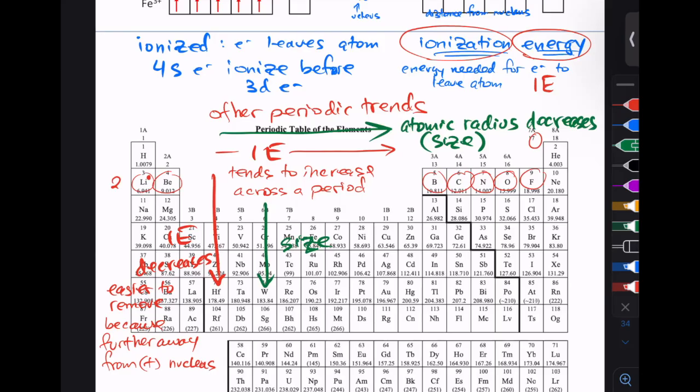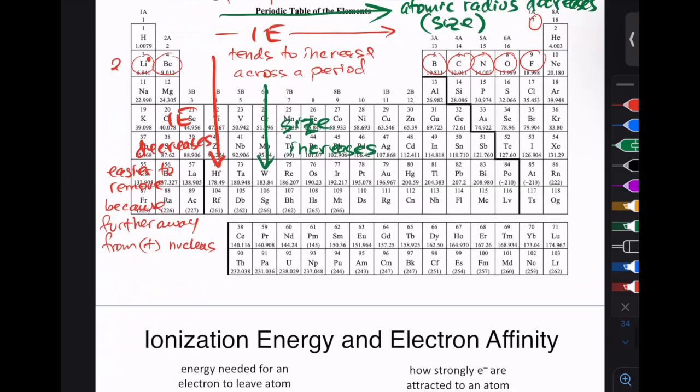So the size increases as you go down a column. Now, those are just the trends, okay? But I'm going to show you something that helps you understand why those trends exist. And it has to do with something that we call effective nuclear charge, which is what we're going to talk about last in this chapter.